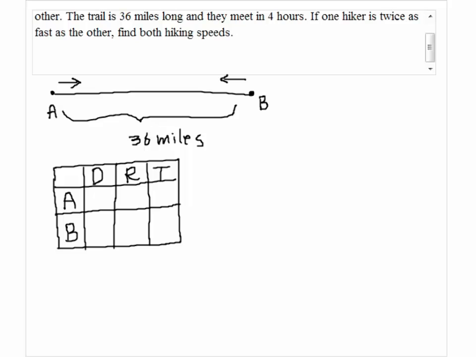Since both hiker A and hiker B will meet in 4 hours, they both take 4 hours before they meet. So 4 should be under t for both A and B.